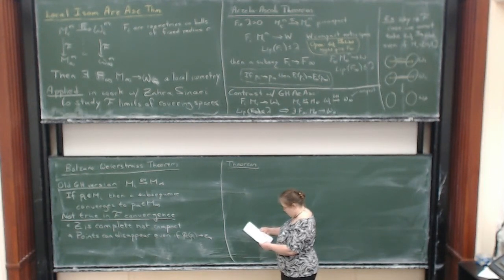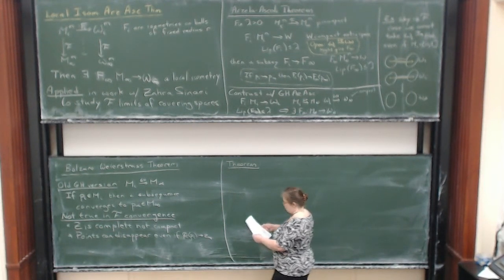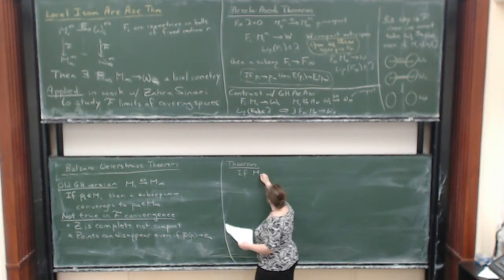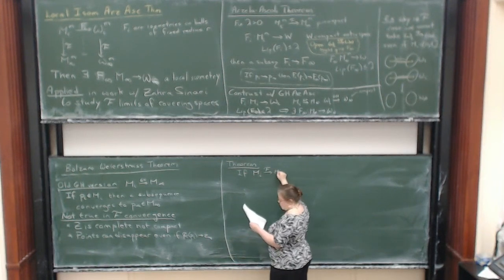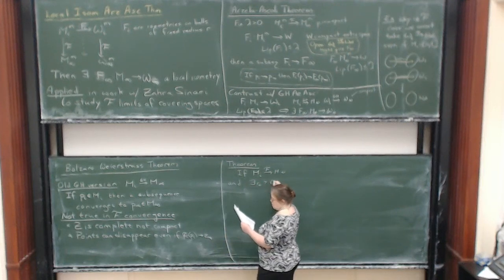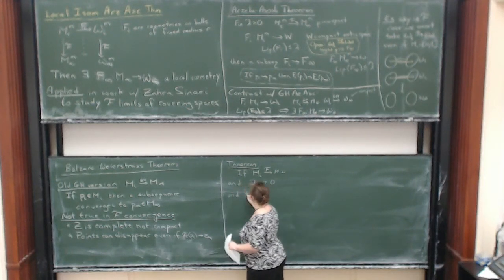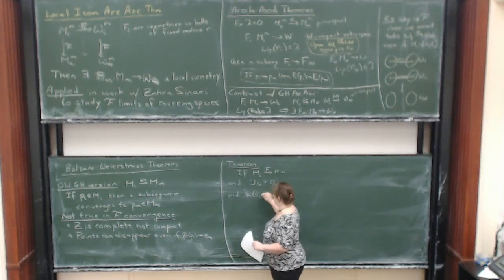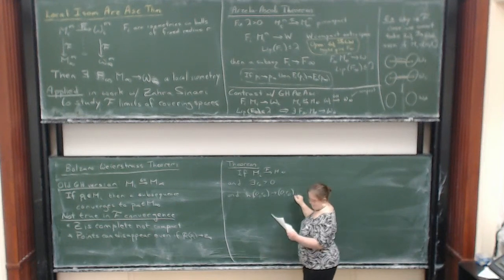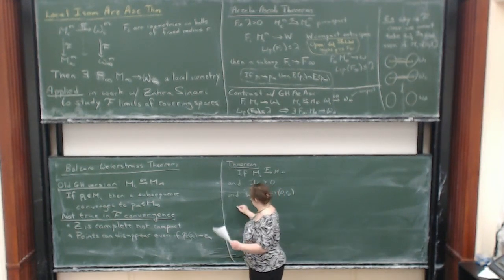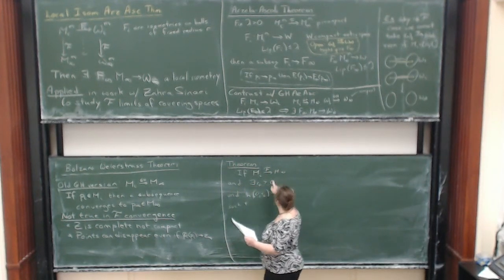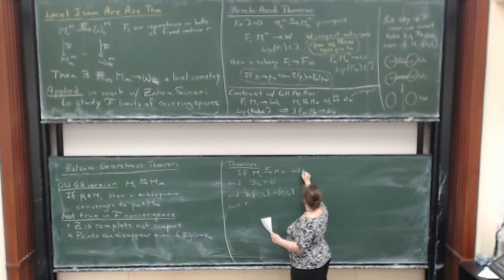Where do I write this here? Yes. If Mi flat converges to M infinity and there exists r naught greater than 0 and a function h, which goes from (0, r naught) to (0, r naught), oh, actually this is not including 0, such that if Mi and pi are in Mi, right?